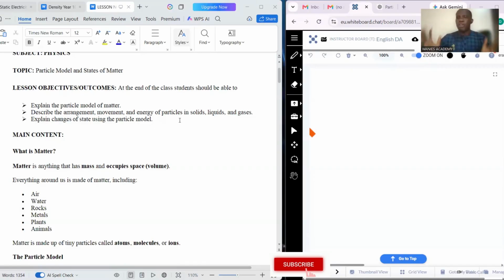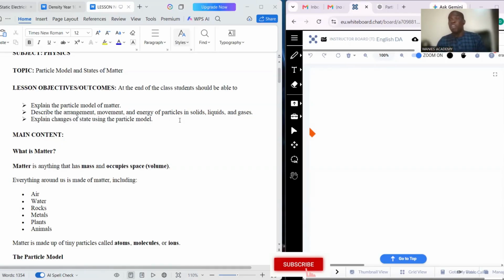So everything around us is made of matter, including air. Air contains particles; it's a mixture of gases. It's matter. Then water. Water contains particles, hydrogen and oxygen coming together to form that substance known as water. It's matter.